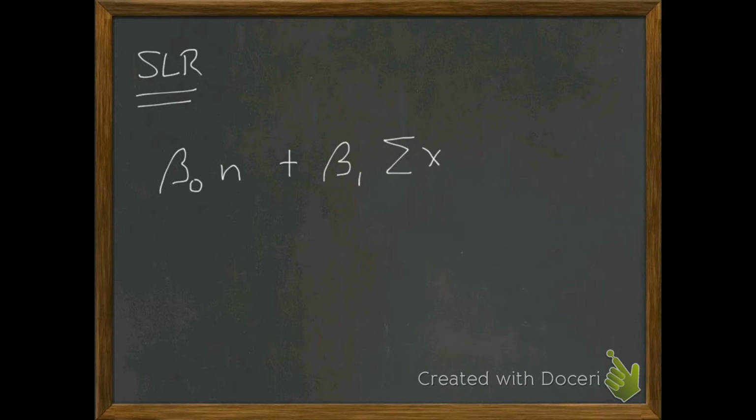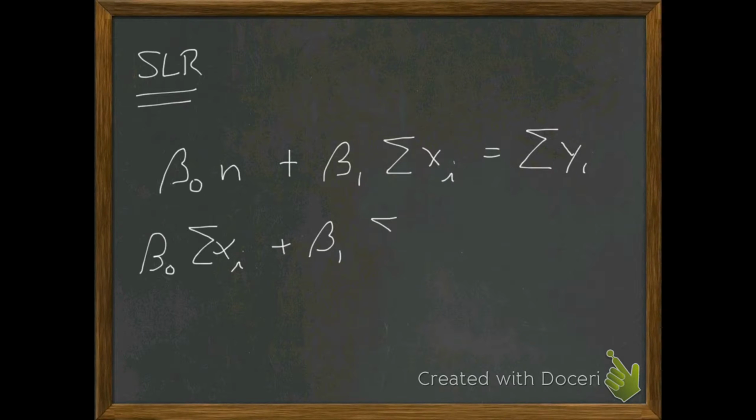So, just like before, when we have a simple linear regression, I hope you know that we would have beta 0 n plus beta 1 sum of the xi's equals the sum of the yi's, and we would have beta 0 sum of the xi's plus beta 1 sum of xi squared, and this would be, of course, the sum of xi yi.